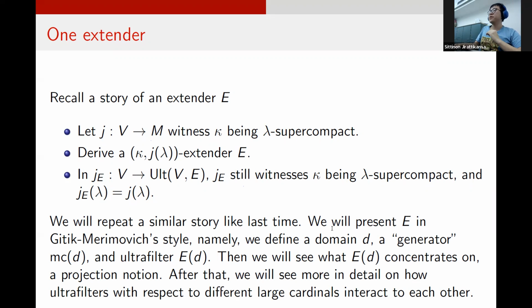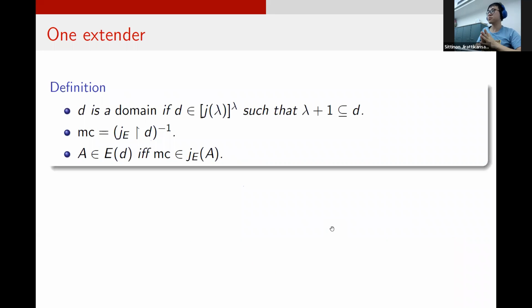Yeah. So for now we can just consider just one extender. Later on, I will analyze what's going on with two extenders and say a little bit about arbitrarily many extenders, because that one is a bit complicated. Okay, so D is a domain. D is a subset of J lambda, it has size lambda, and I want D to save some information.